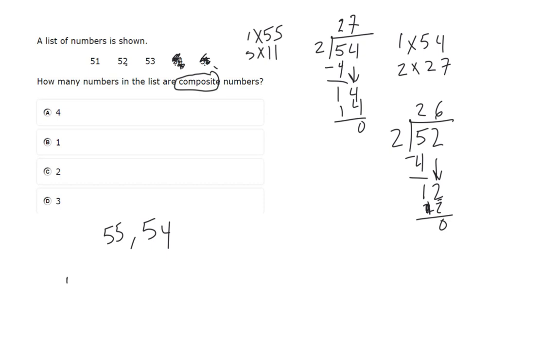That's 0. And then that's it. Okay, so now we know that 2 times 26 gives us 52, but then also 1 times 52 gives us 52. So that will also count. So now we're in between 53 and 51.